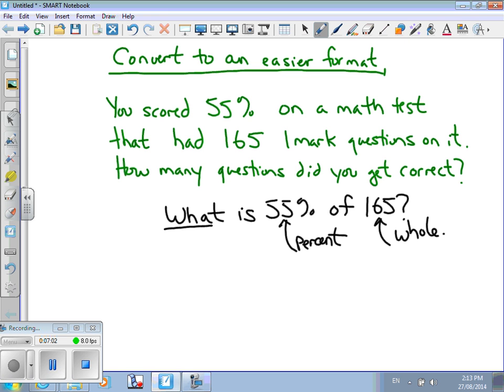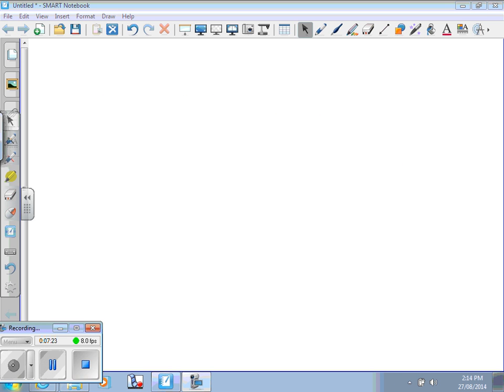And what is the part or the piece of the 165 of the whole that we're trying to determine? Because if we can figure out the part of 165 that is 55%, we'll know how many questions we got correct.